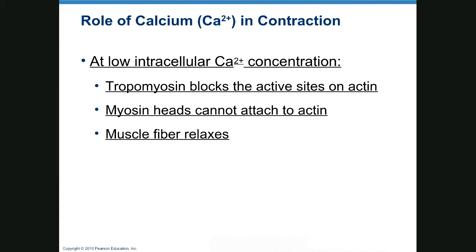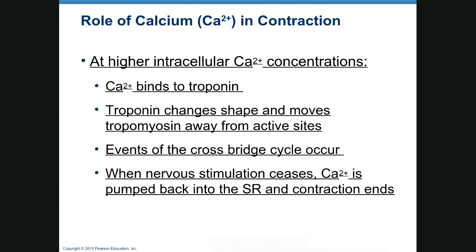Myosin heads cannot cross bridge, and the muscle fiber relaxes. At higher calcium concentration, calcium binds to troponin. Troponin changes in shape, pulls tropomyosin out of the way. You do get cross bridging, and when nervous stimulation ceases, calcium is pumped back into the sarcoplasmic reticulum, thus ending contraction.